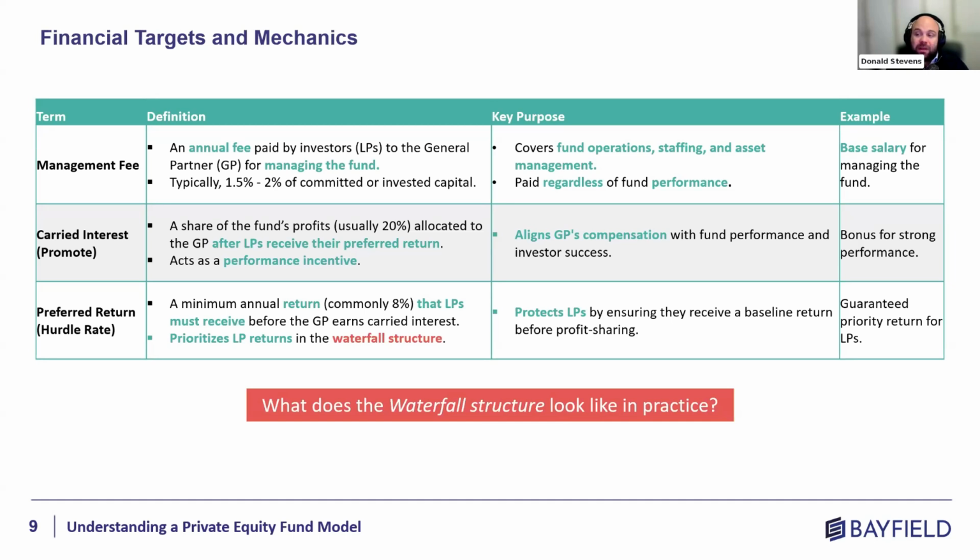And that's what must be achieved before the GP can start earning their bonus. They still earn the 1 to 2% management fee, but any bonus needs to exceed our preferred return first. So there's quite a bit of protection associated with that for the LPs.